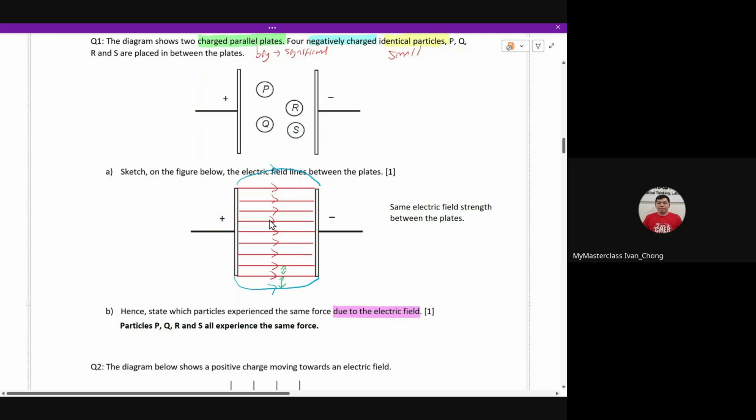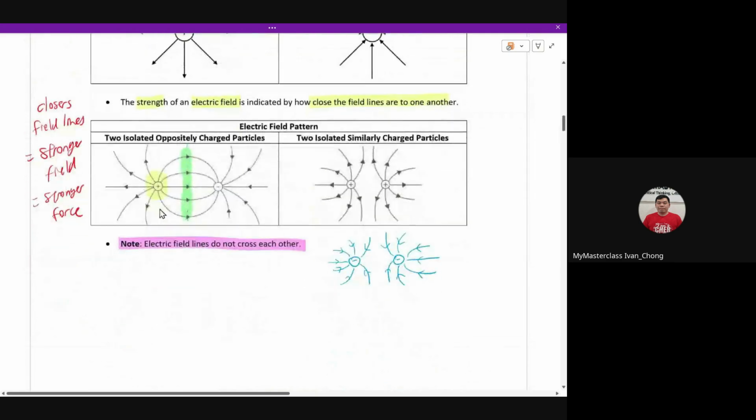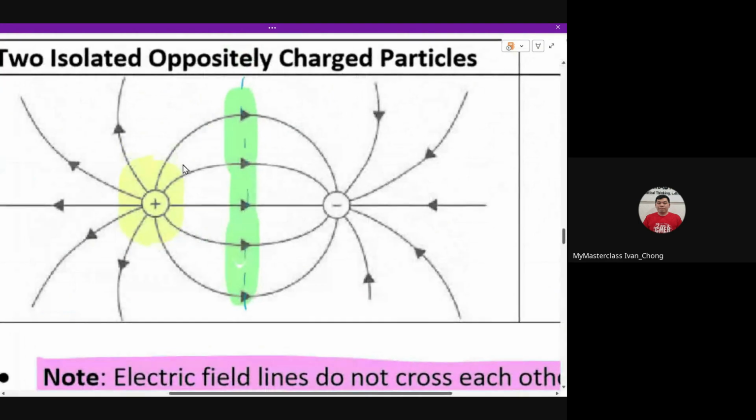Some students might say, surely doesn't the distance between the particle and the plates matter? Yes, but the thing is, the particles are much, much smaller compared to your metal plates itself. So we will base it off your field lines rather than your distance itself. Because if you want to talk about distance, if your distance from your plates is significant enough, you will show a difference. The distance is bigger, this part is stronger.